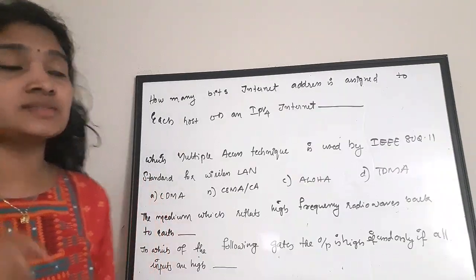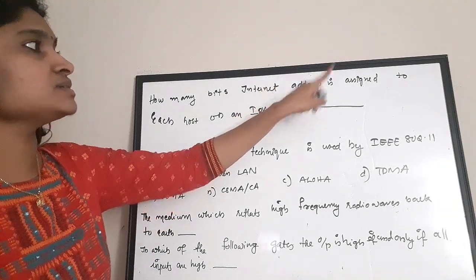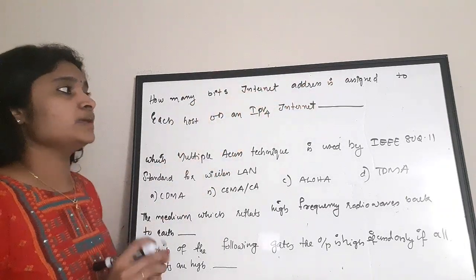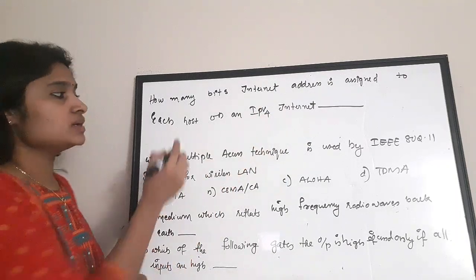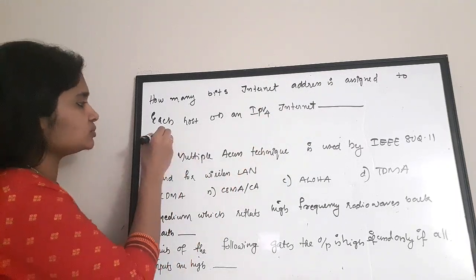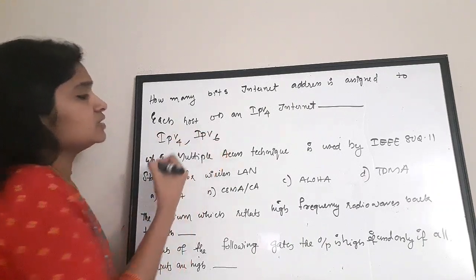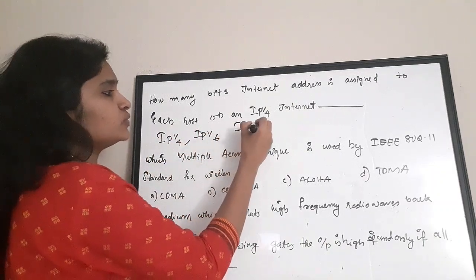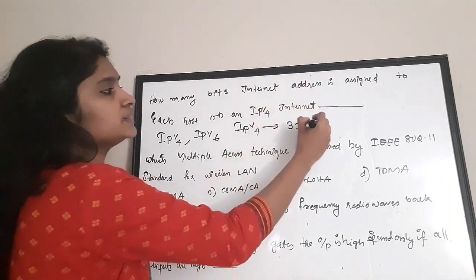The next question is this: how many bits is the internet address, that is the IP address, assigned to each host on an IPv4, that is Internet Protocol version 4, internet? There are basically two types of internet protocols, IP version 4 and IP version 6. For IPv4, the number of bits in the host address is 32 bits.